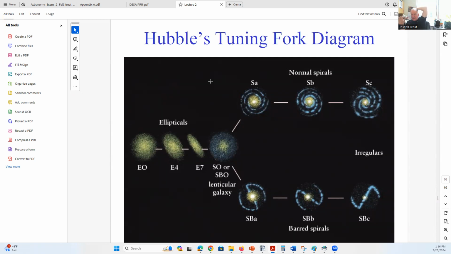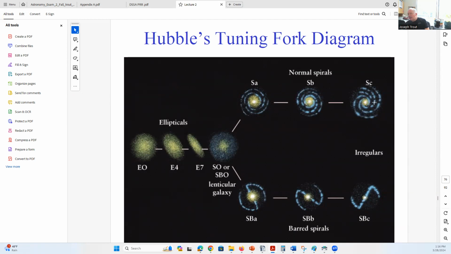So a guy named Hubble was looking at these and categorizing them. What he thought originally was that these develop into these other galaxies. That's not thought so much anymore, but we still use this idea of the tuning fork, right? So here are elliptical galaxies, from perfectly round to really elongated.